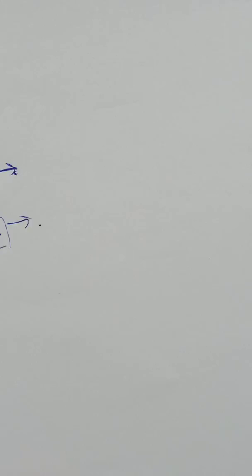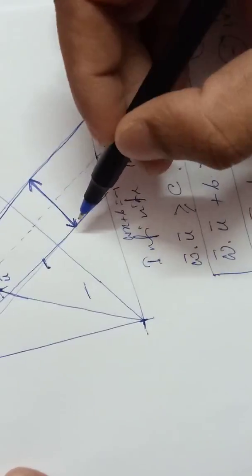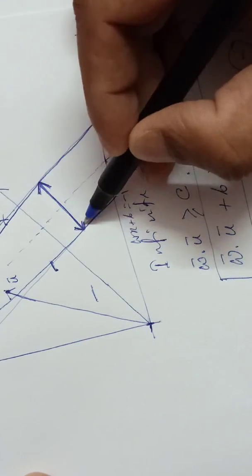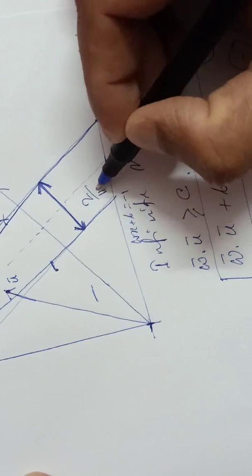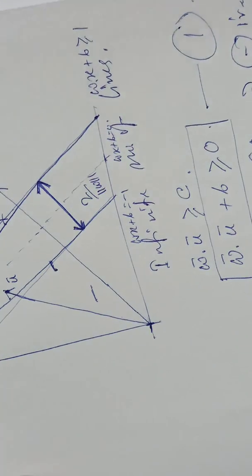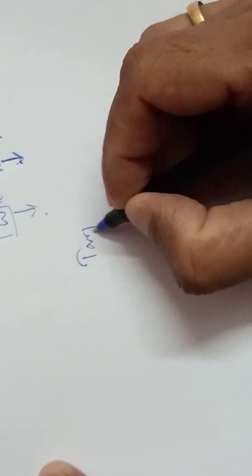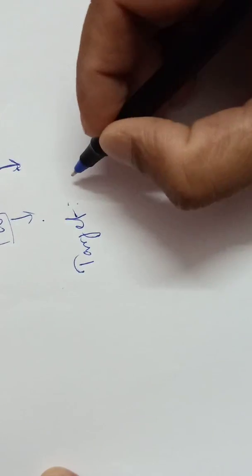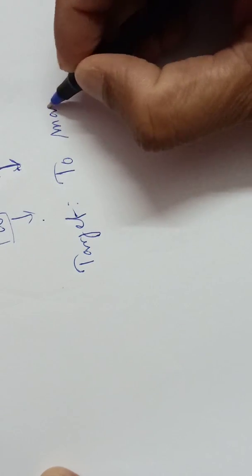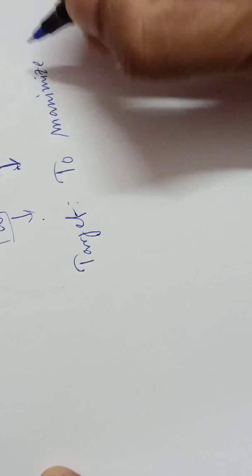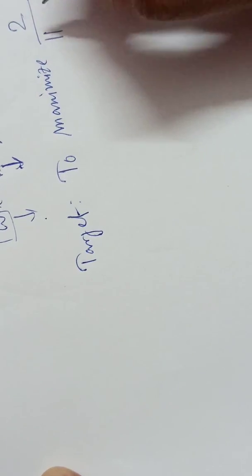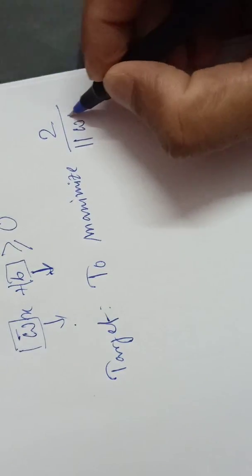Okay, therefore what have we told? We have told that our task is to maximize this distance or the depth. Now we have found that this depth is 2 by norm w. Therefore our target is now to maximize 2 by norm w.